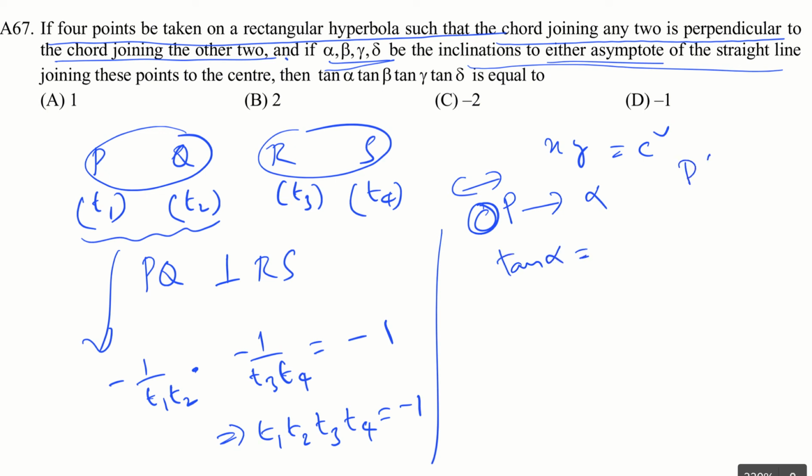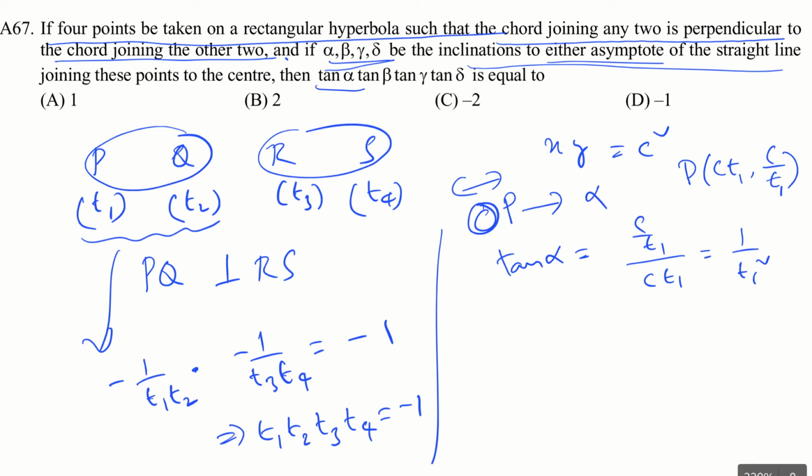We know that P is nothing but C T1 comma C by T1. Therefore, tan alpha is nothing but C by T1 by C T1, means it is 1 by T1 square I am getting. Similarly, you have tan beta, tan gamma, tan delta.